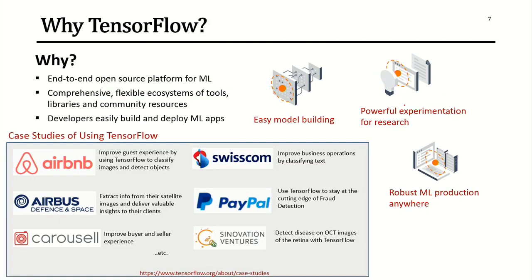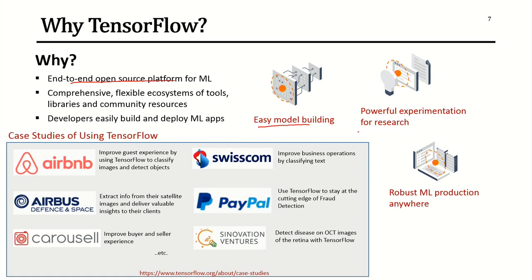So why do we need to use TensorFlow? It is an end-to-end open source platform for machine learning, and it is comprehensive, which provides many libraries and community resources. And for developers, it is easy to build and deploy their machine learning applications. In addition to this, it also provides easy model building. They have a template for model construction, so you need to follow some steps which are required in TensorFlow.